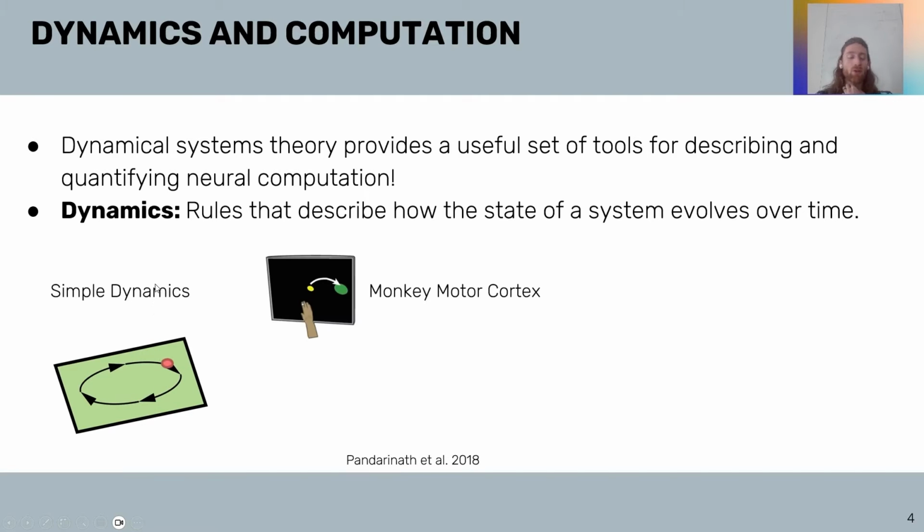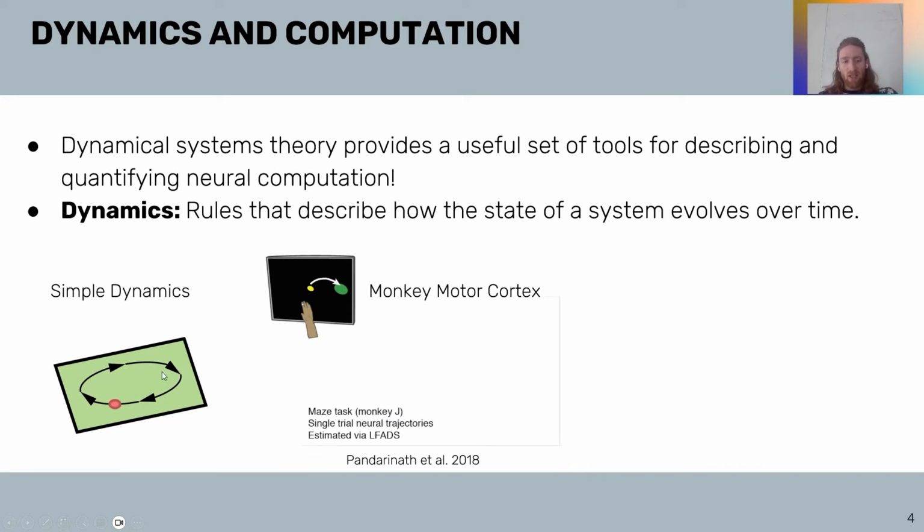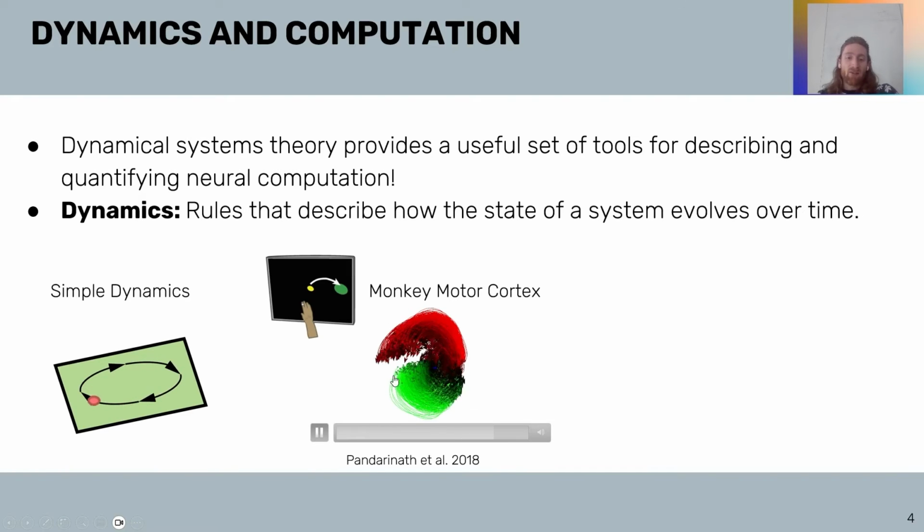Interestingly, when we look at recordings from the monkey motor cortex while it's doing a reaching task, and we plot their trajectories over time, we can see that these single trials follow trajectories through state space that appear to follow a pattern of dynamics, maybe not very similar to the simple dynamics, but of the same character as the simple dynamics shown on the left.